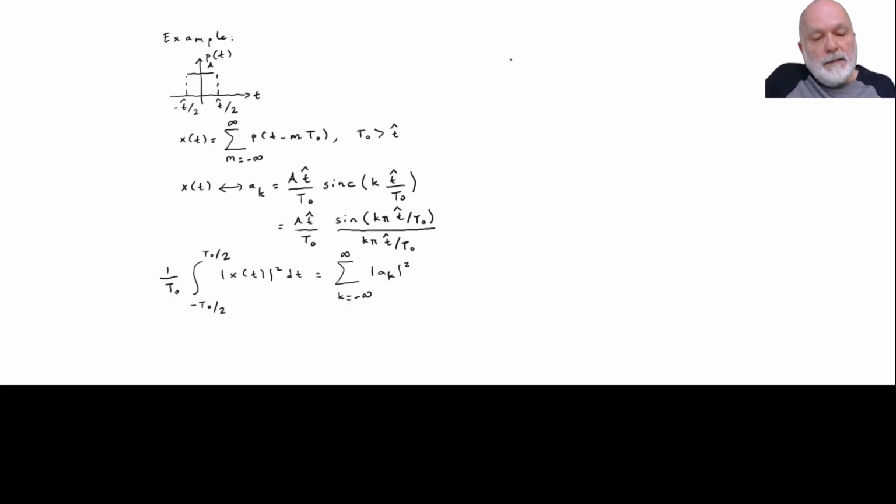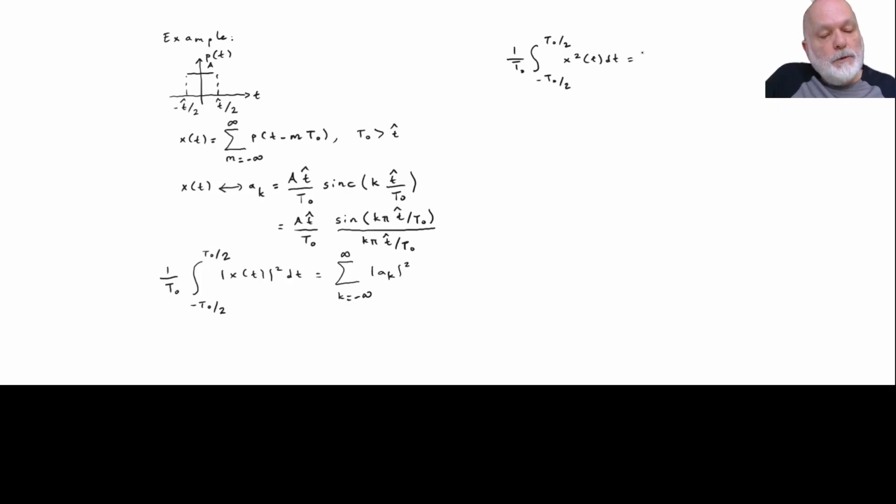Now, the integral 1 over T0 from minus T0 over 2 to T0 over 2 of x square of t. I can write it in this form because we have the real valued signal.